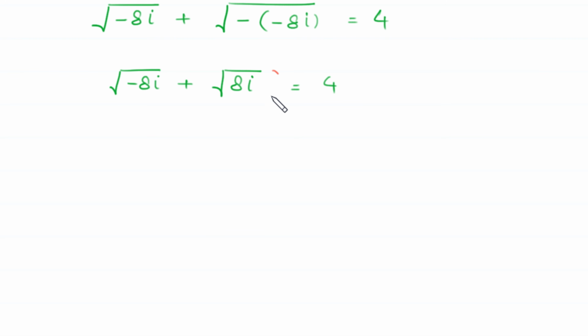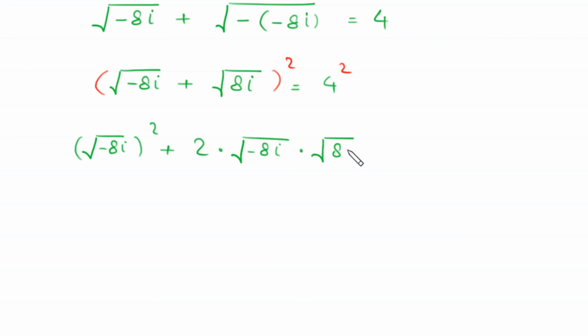Now from here we take the square of both sides. So this root negative 8i plus root 8i whole squared will become the square root of negative 8i squared plus 2 times the square root of negative 8i times the square root of 8i plus the square root of 8i squared is equal to 4 squared, which is 16.